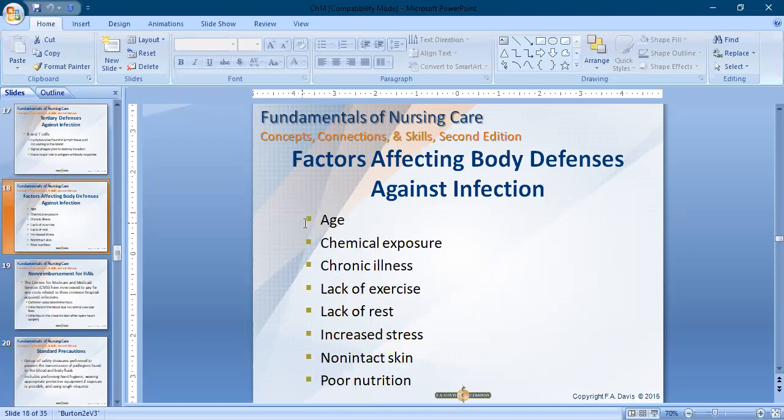So aging plays an important role in infection. Others are chemical exposure and chronic illness, which basically reduces your immune system, and lack of exercise. If you do not exercise, your body reduces its immune protective activities.